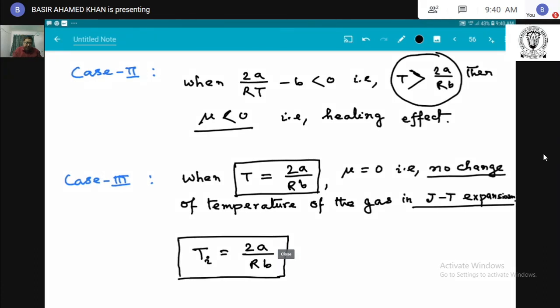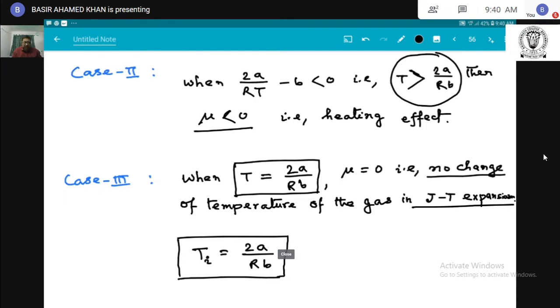And when the initial temperature of the gas is equal to the inversion temperature, there is no change of temperature of the gas.